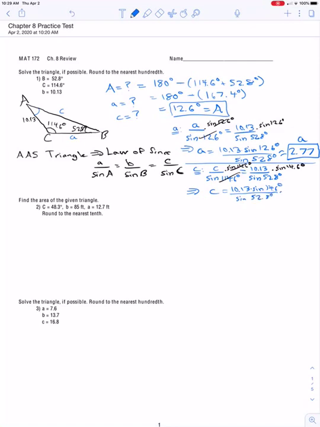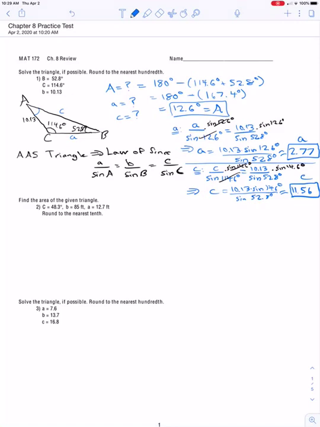And again, type that in your calculator. You get 11.56 if you round to the nearest hundredth. You can type that one in also on your TI. And there it is. We've solved it.